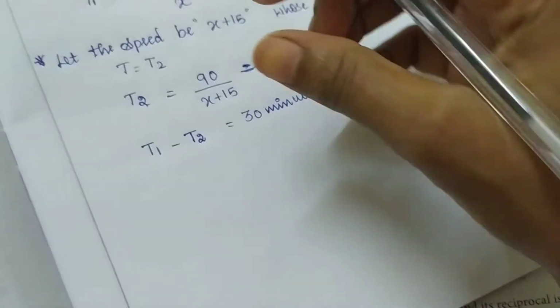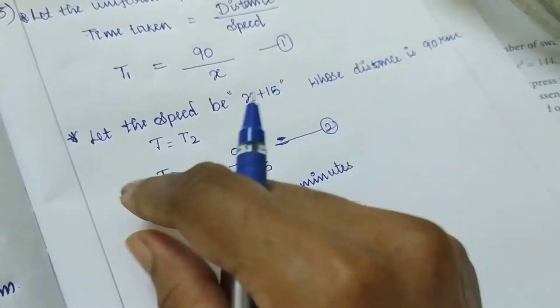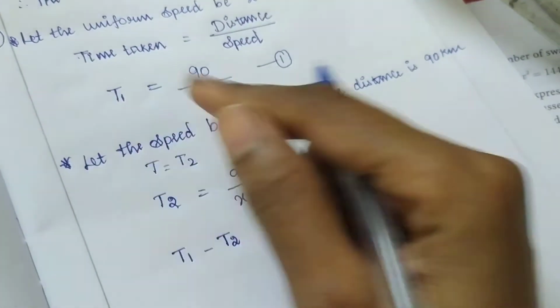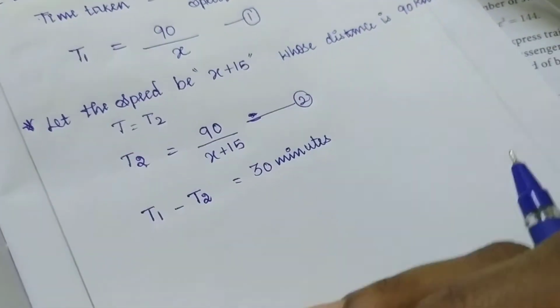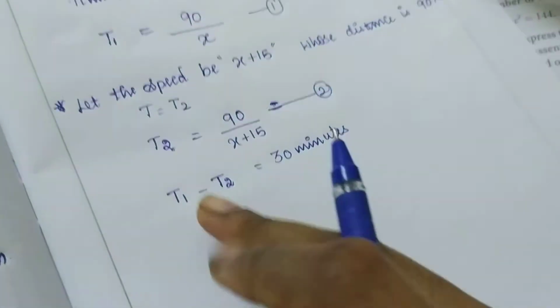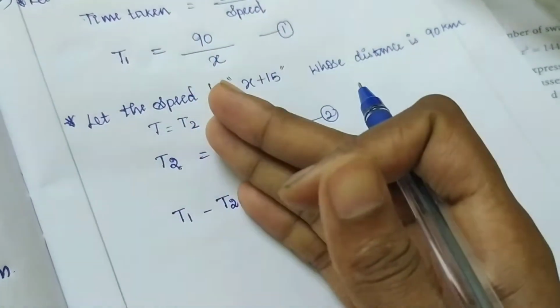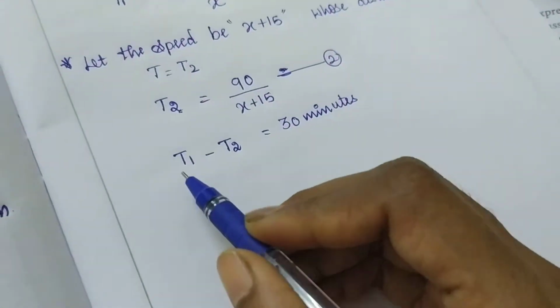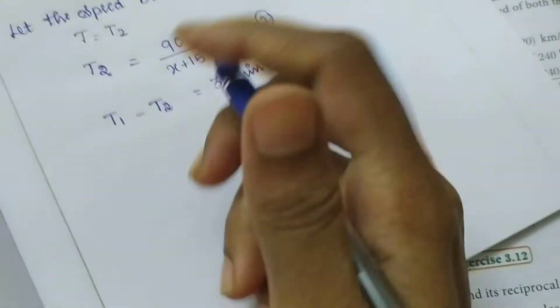The first speed gives 90 by x, which is T1. T2 will differ, it is lower. Obviously T1 is the bigger time, T2 is the lesser time. So T1 minus T2 equals 30 minutes saved.